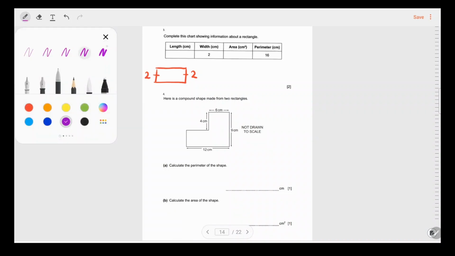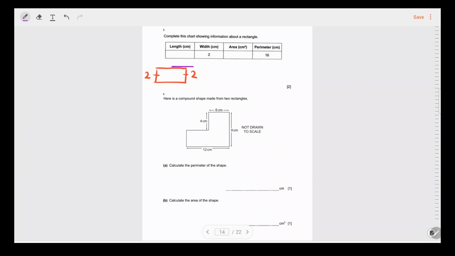And then we have an unknown length, but we do know that the lengths of a rectangle are equal. So if this is x centimeters, then this would also be x centimeters. And as you can see, the chart gives us the perimeter. So using the perimeter, we are able to find x.